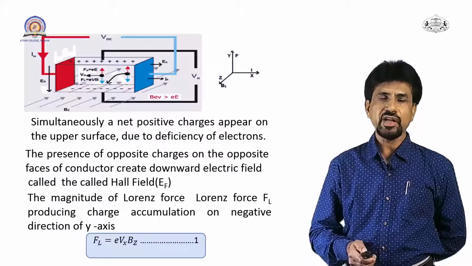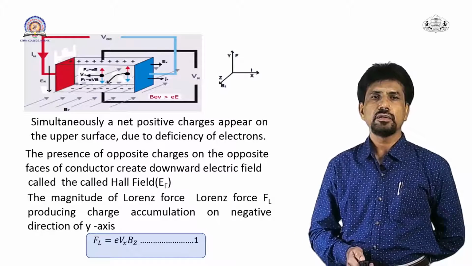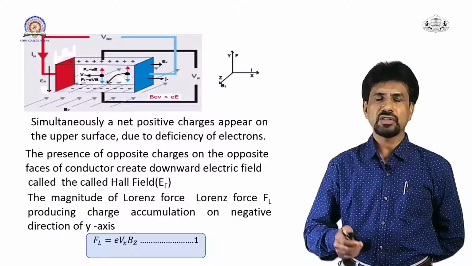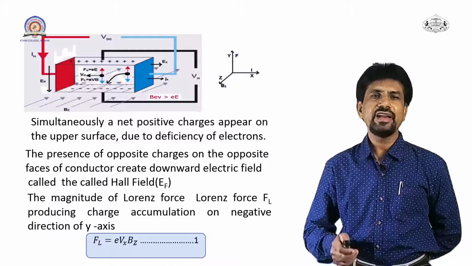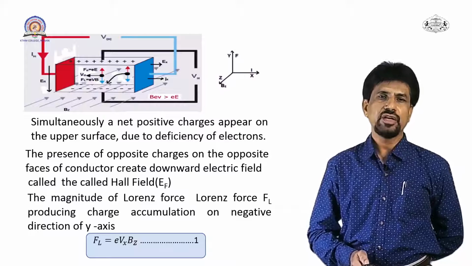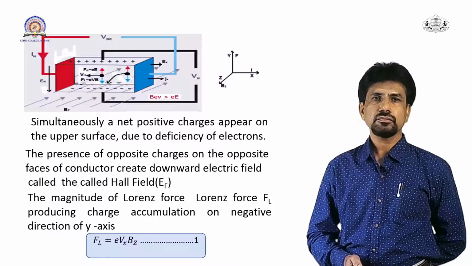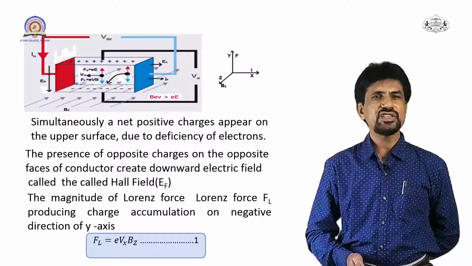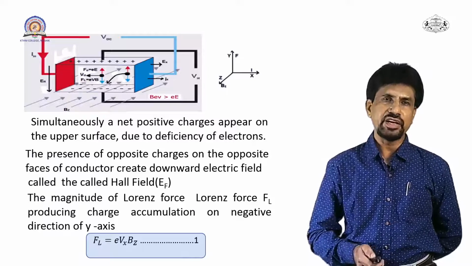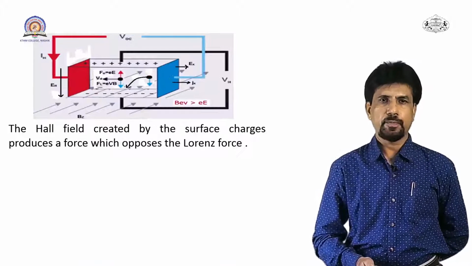Due to the application of the magnetic field, the force acting on the electron is known as the Lorentz force, and it is given by FL equals e Vx Bz, where e is the charge on the electron, Vx is the drift velocity, and Bz is the magnitude of the magnetic induction applied perpendicular to the direction of the flow of current.